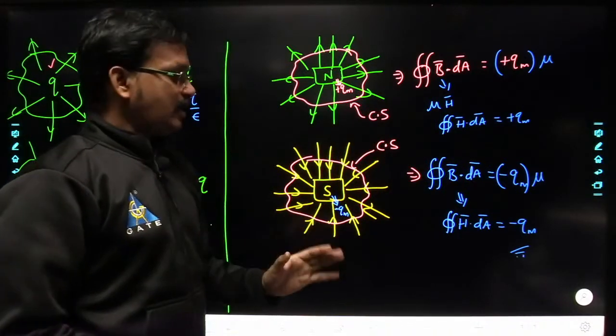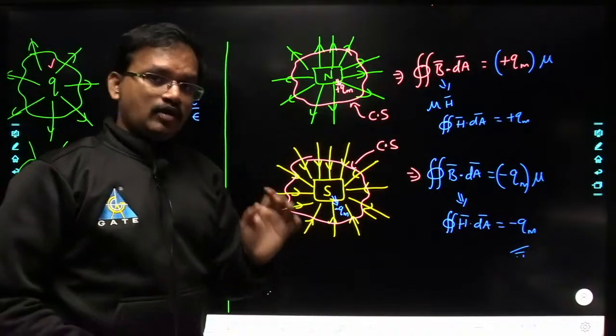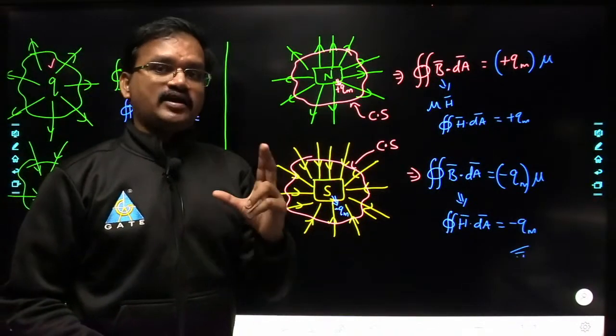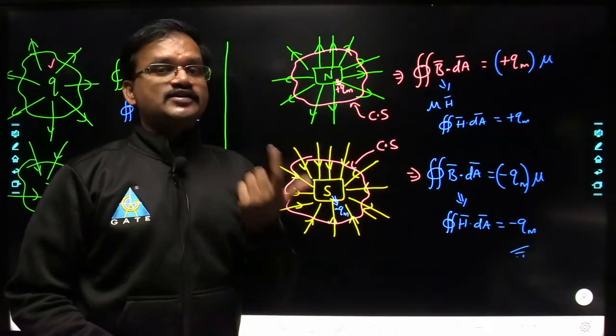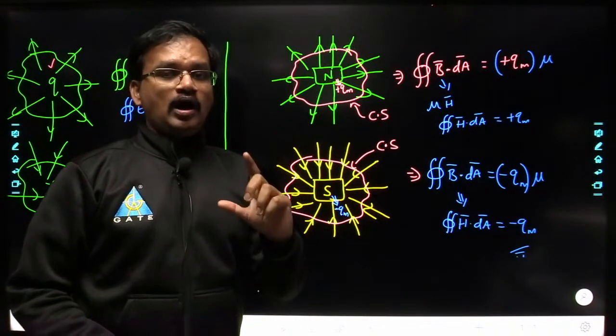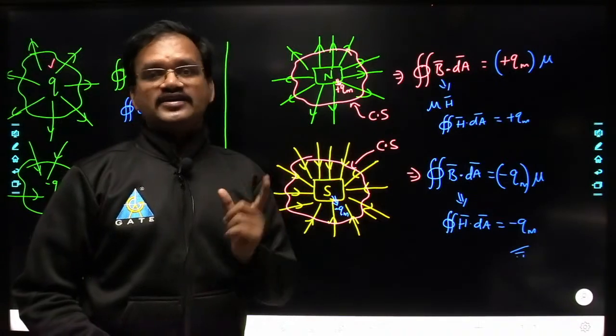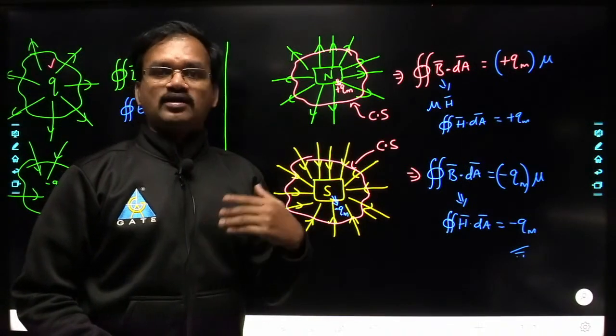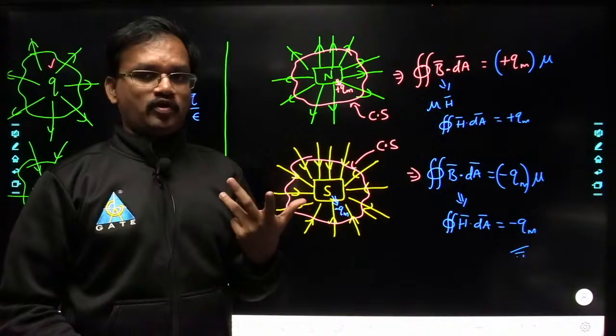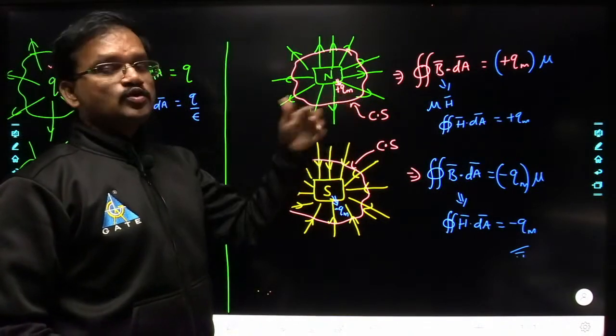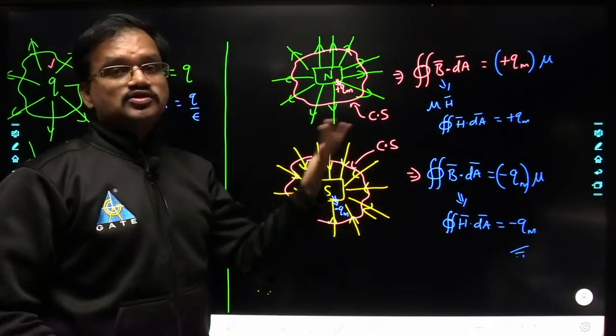Yes or no? But in general, if you consider a magnet, the dipole will always exist. That means north pole and south pole will exist together. You cannot separate north pole and you cannot separate south pole. So you cannot have plus QM separately, you cannot have minus QM separately.